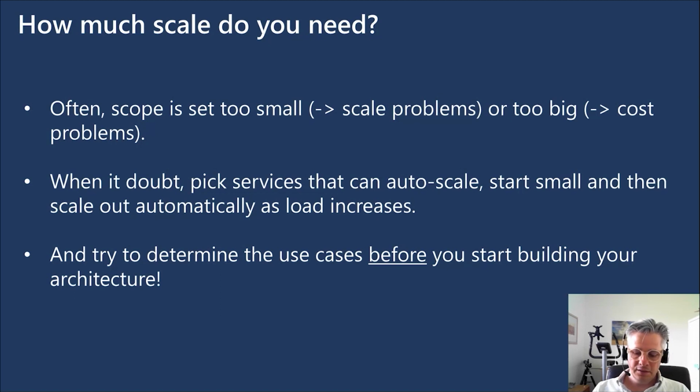If you need to basically keep an eye on your services all the time just to make sure they don't run out of juice, that's not a great job description, right? So you want to be able to auto scale those services if at all possible, and figure out the use case before you start building an architecture, because a lot of times folks built this massive architecture, and then they end up not using it, because their use case is much simpler than they thought.